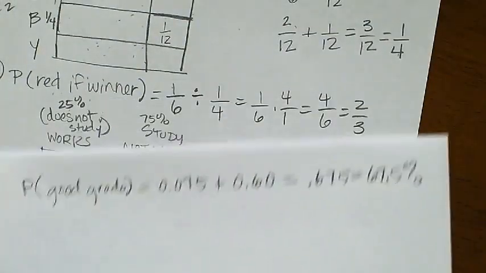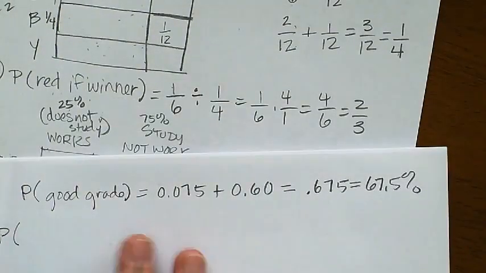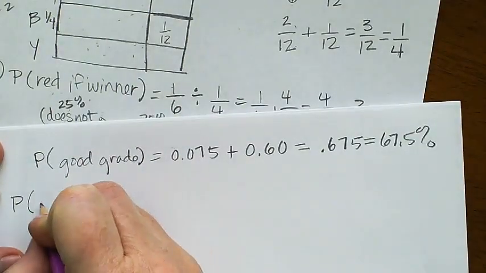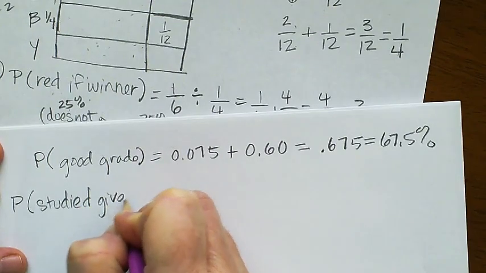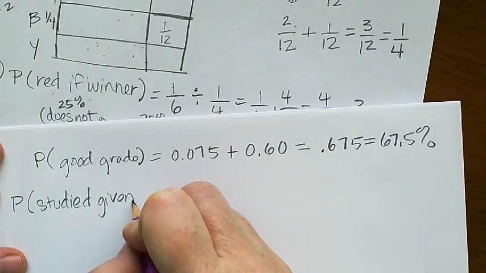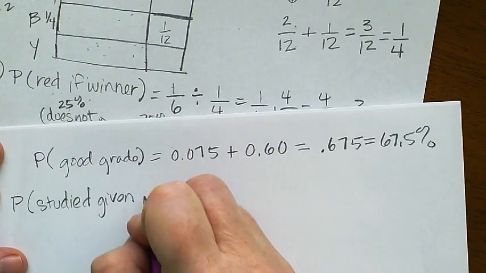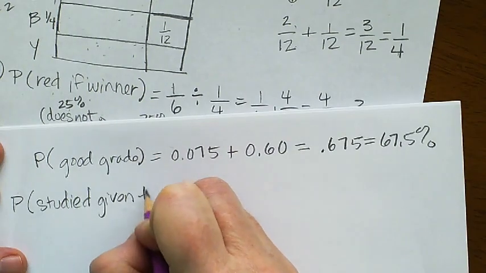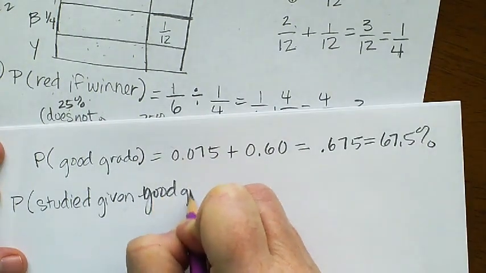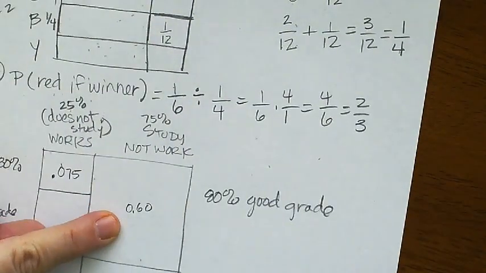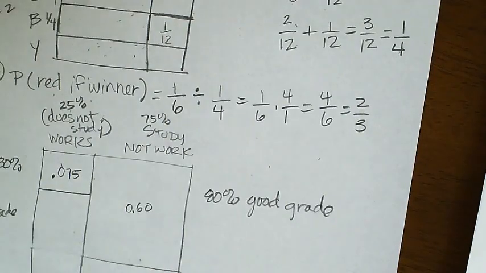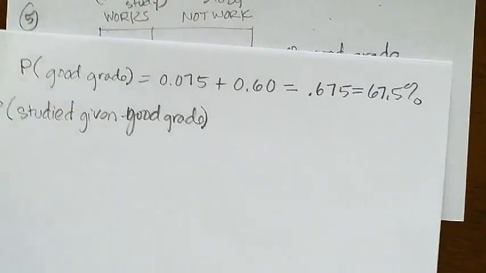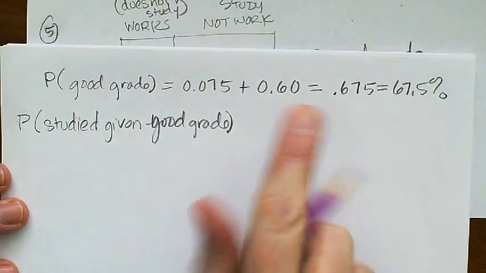So then the probability that she studied given that she got a good grade is this probability right here, 60% out of the total for getting a good grade.